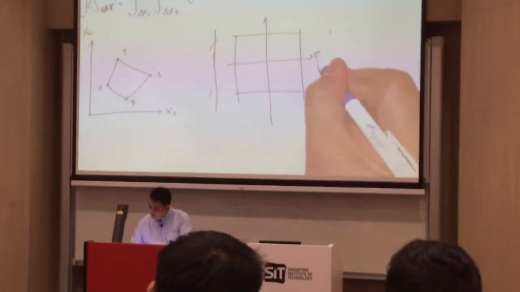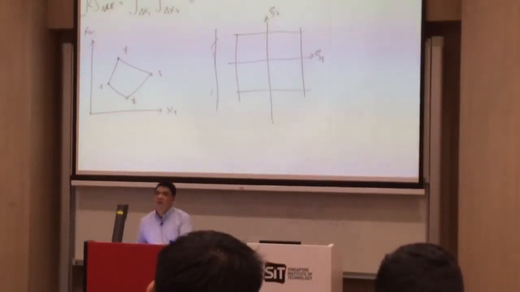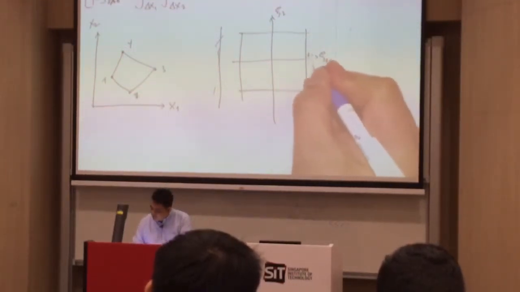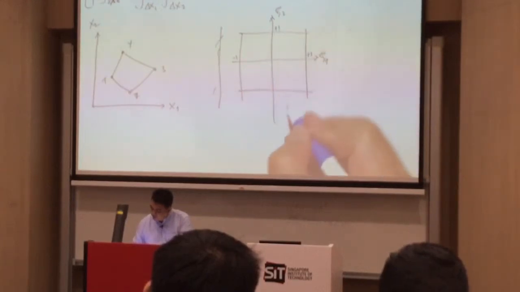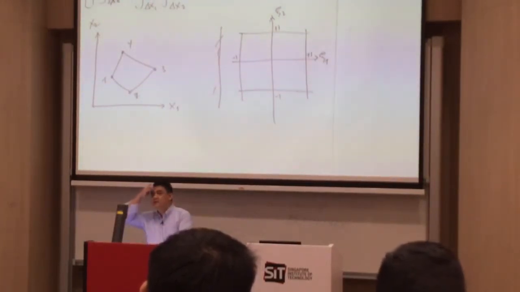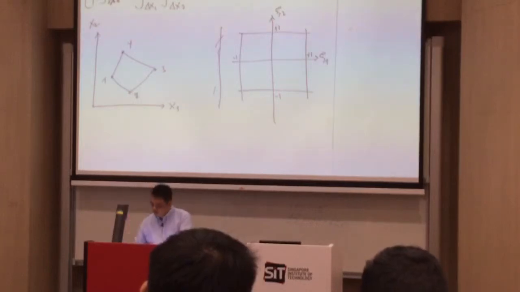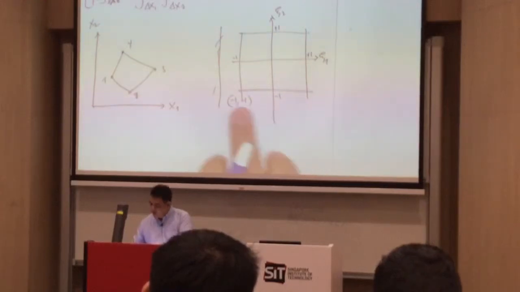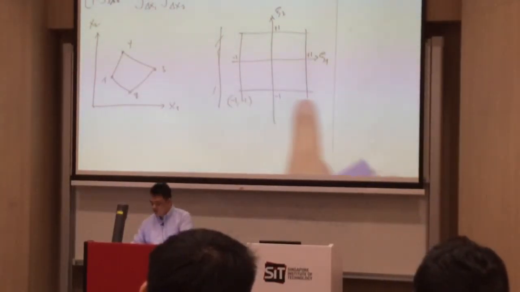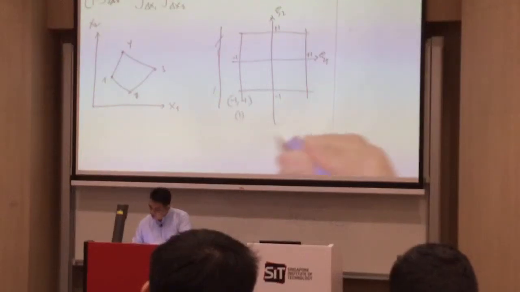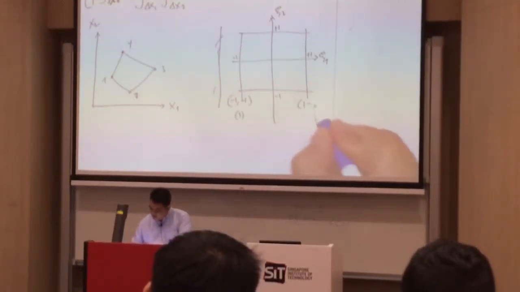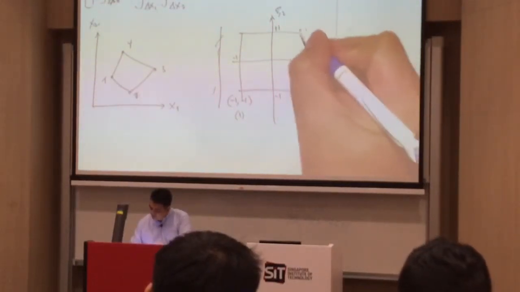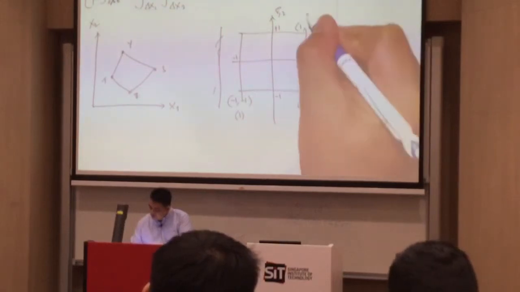So this one will be your C1 and C2 axis, where this one will be positive 1, negative 1. So this one will be negative 1, negative 1, which is nodes 1, 2, 3, 4. This will be 1, minus 1, your second node. This will be your third node, 1, 1.